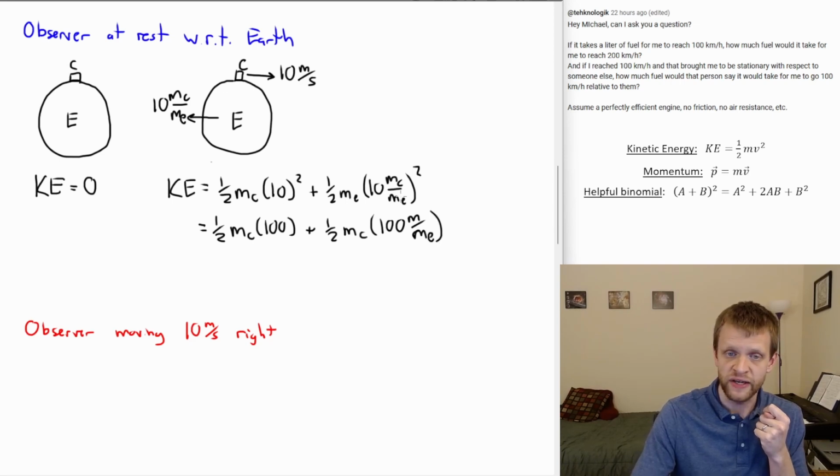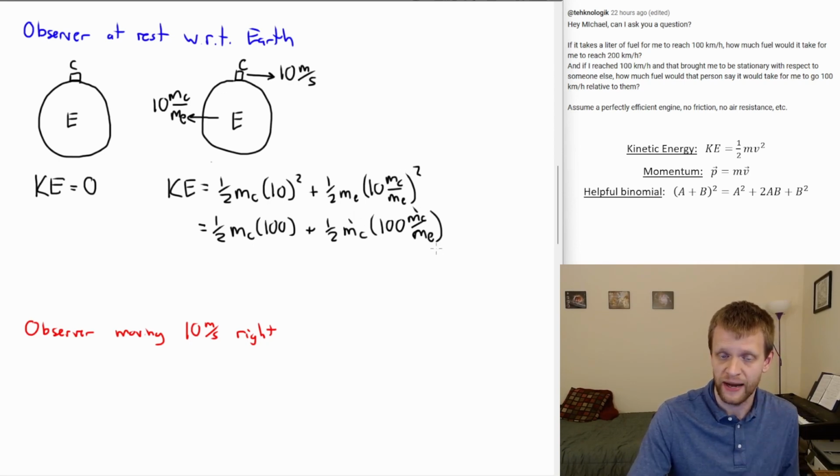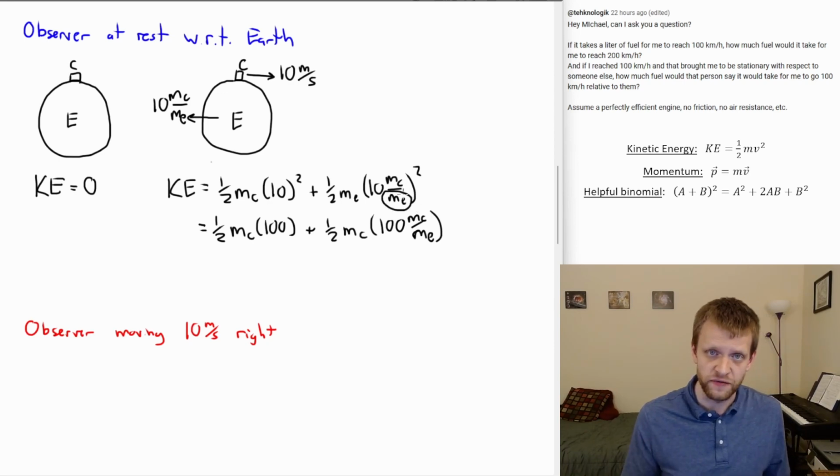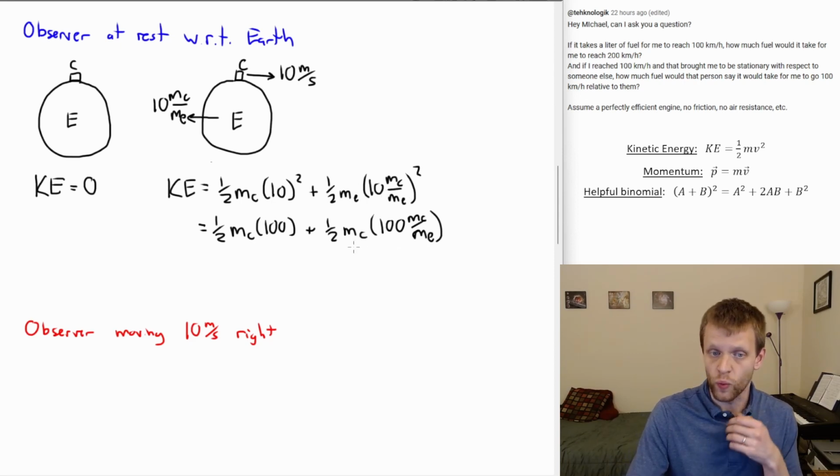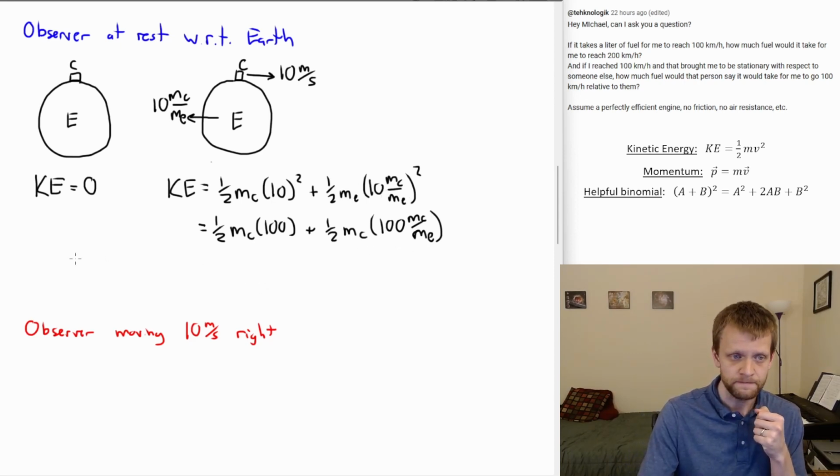Basically, when I square this term, 10 squared gives me 100. When I square the mass of the car, I should have 2 mass of the car terms. In the denominator here, I square the mass of the Earth, and that's going to cancel out with one of these. So we're left with this equation.